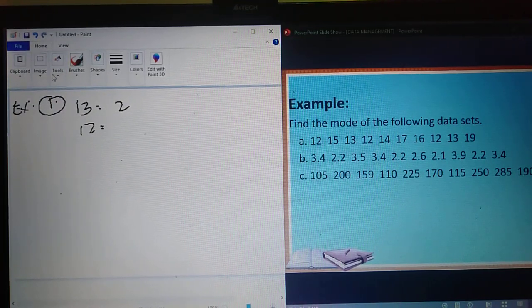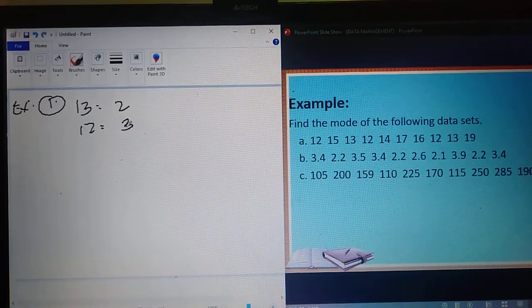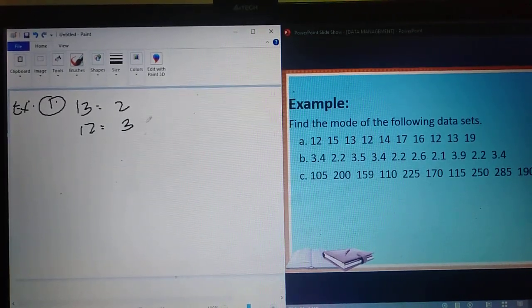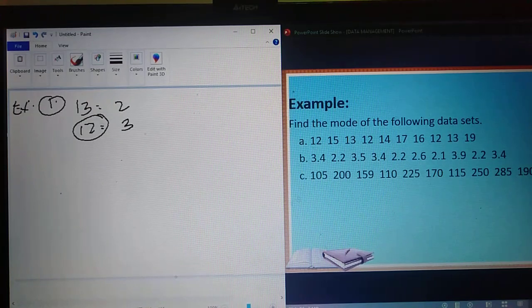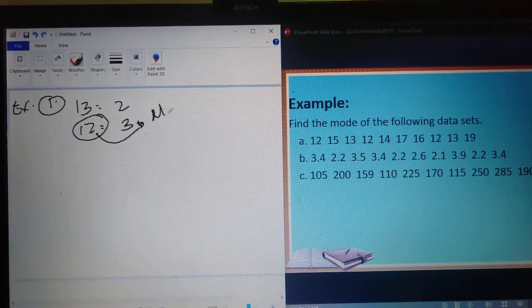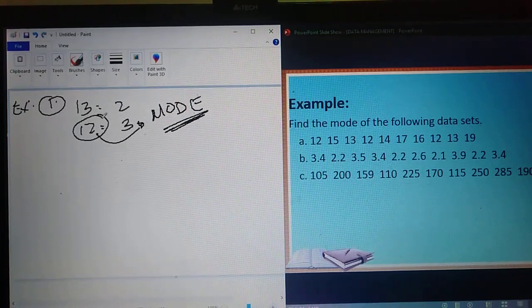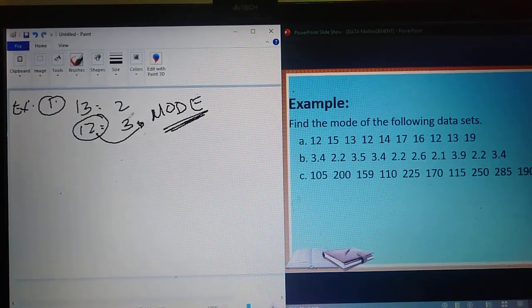Naulit siya ng dalawang beses. How about si 12? Ilang beses pala? 1, 2, 3. 3 times. Since the definition of mode is yung mas maraming ulit, so ang mode natin is 12. That is our mode. Even though naulit si 13, si 12 ang may pinakamaraming ulit.